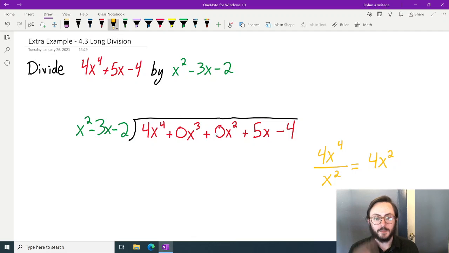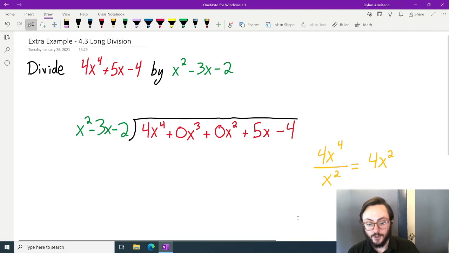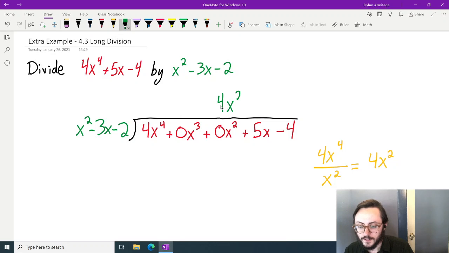The exponent 2 means that this 4x squared is going to go there, like it would in normal long division.